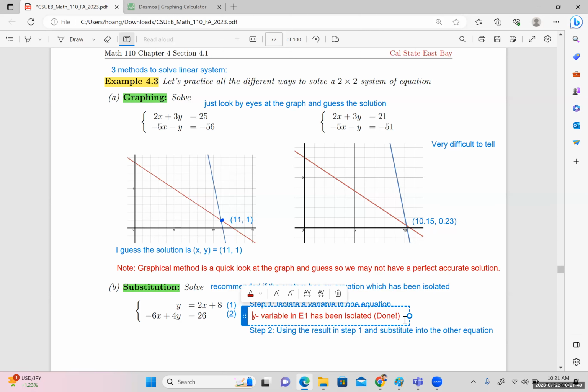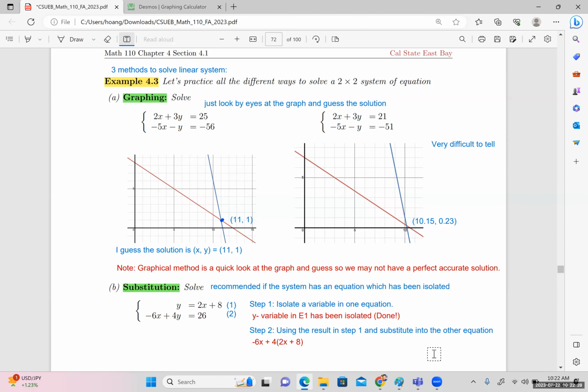For this step, we can see that in the second equation we have negative 6x plus 4y. And y has now been isolated and solved in step 1: it is 2x plus 8. So y equals 2x plus 8.